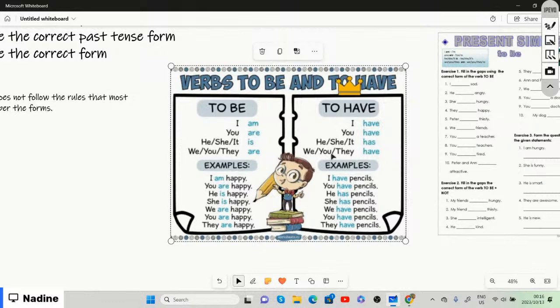Then we can maybe say he has, she has, it has, right? Or we say we, you, or they have. So once again, these verbs are irregular, right? There's no standard rules that you need to follow, right? You are just going to have to know the forms.